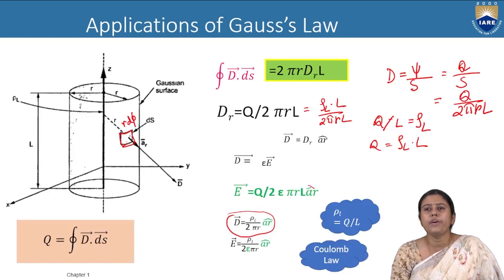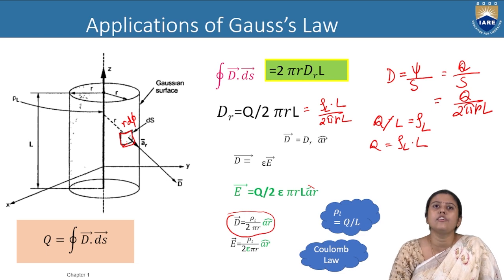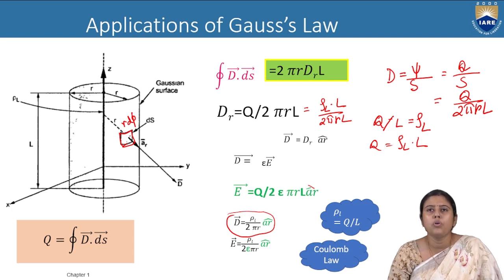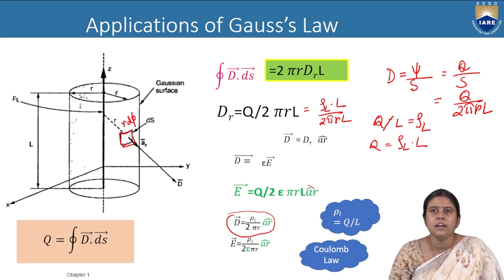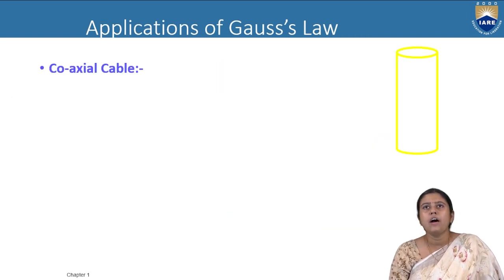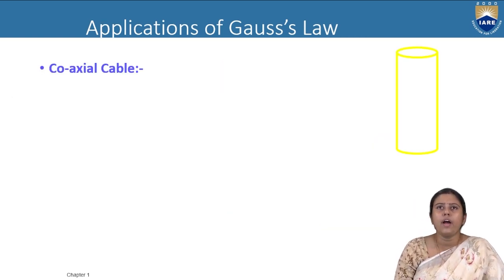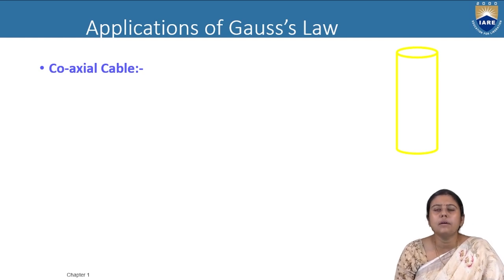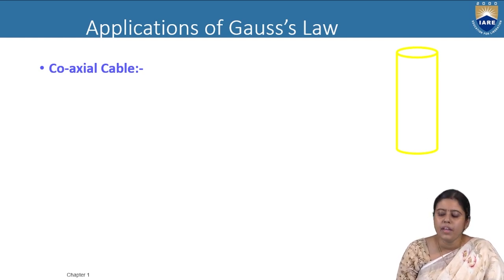We can prove it from the Coulomb's law also. For an infinitely long current carrying conductor, the intensity is equal to rho L by 2 pi epsilon r, and direction is a_r. Now we will think about the coaxial cable. What is the meaning of coaxial cable?